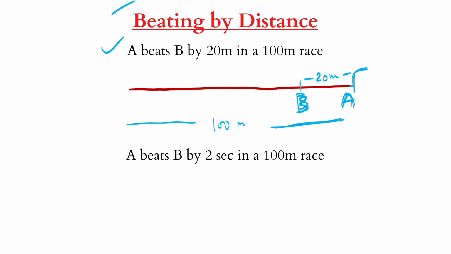By the time A finishes the race, B will be at some point, and from that point till the finish line, it will take 2 seconds to finish the race, right? So the time difference will be 2 seconds. In the first case, the distance difference is 20 meters, but here the time difference is 2 seconds. That's just the basic difference between beating by distance and beating by time.